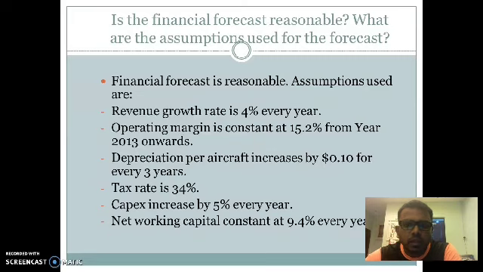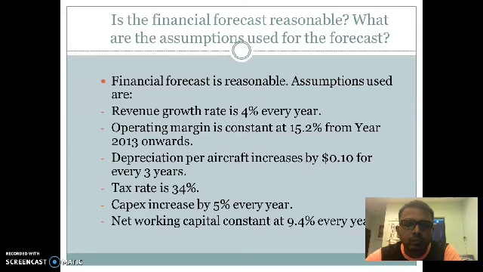Based on our analysis, we find that the financial forecast stated in Exhibit 13 is quite reasonable because they are comparing with other airlines in the same industry, and particularly they are comparing with Southwest Airlines, which is very similar to JetBlue's operation, and in terms of performance is quite similar.